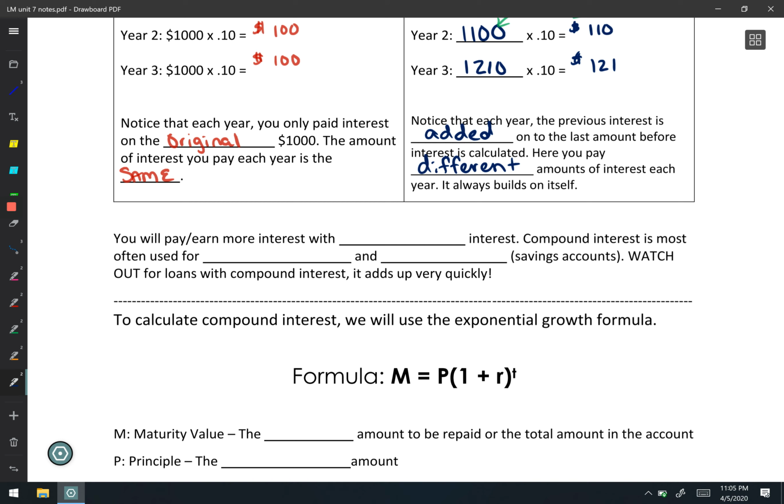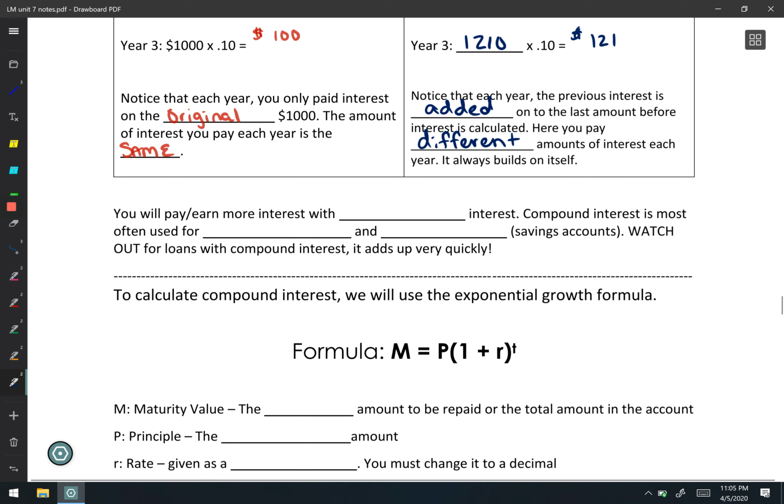It is important to note that you will pay or earn, because interest is a negative and a positive with compound interest.